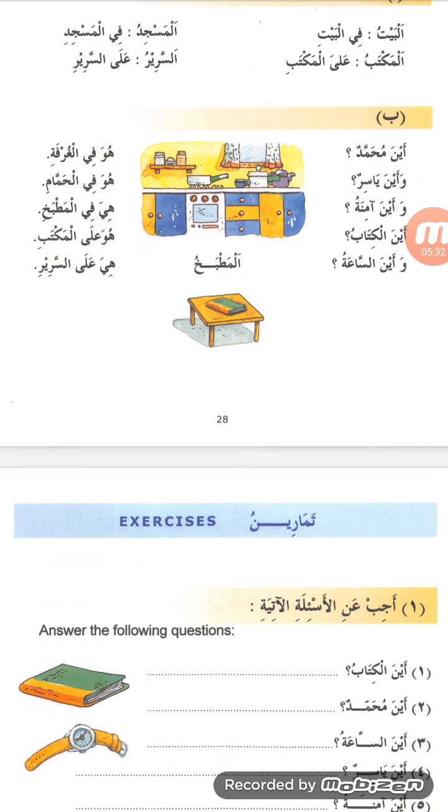Al-maktabu, the desk. Ala means upon, on. Ala al-maktabi, on the desk. And ala is also a harf, and this also causes the final letter of the noun that comes after it to have a kasra generally.